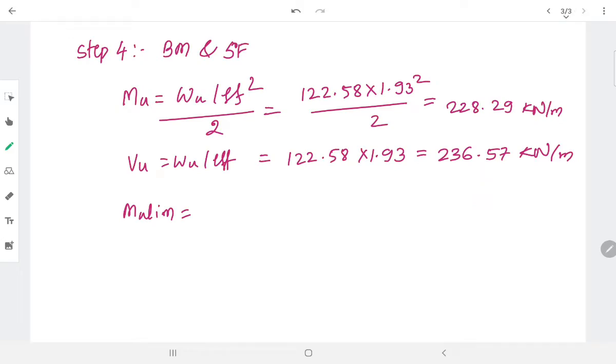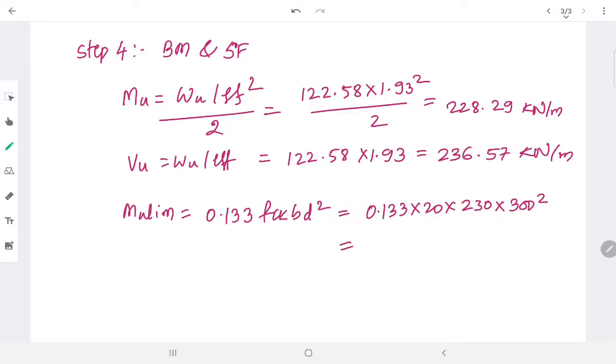Mu limit is equal to 0.133 fck b d square, which is 0.133 into 20 into 230 into small d, 270, square. When you calculate, you will get 44.60 kilonewton meter.